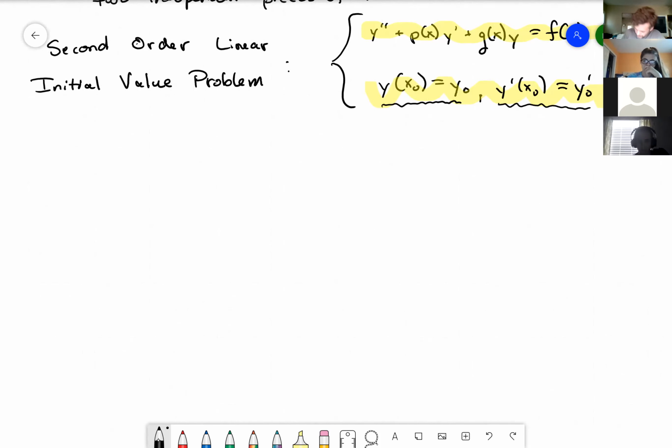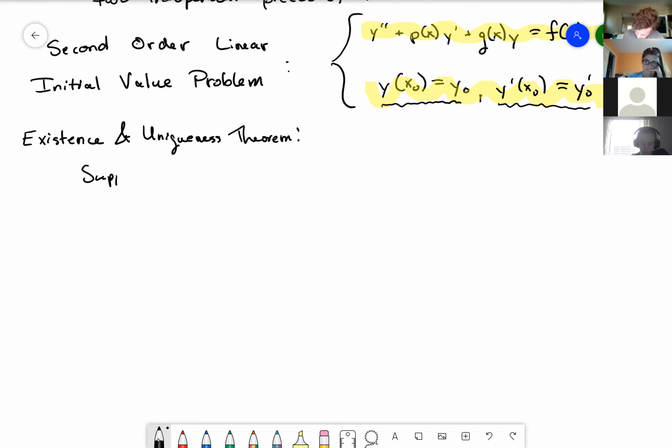And we have an analogous existence and uniqueness theorem in this case.